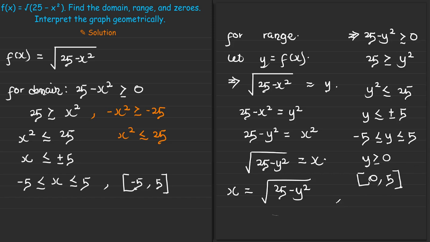Or written as y is an element of R, but then y should be less than or equal to 5 or greater than or equal to 0. Any of this works fine. This is our range.